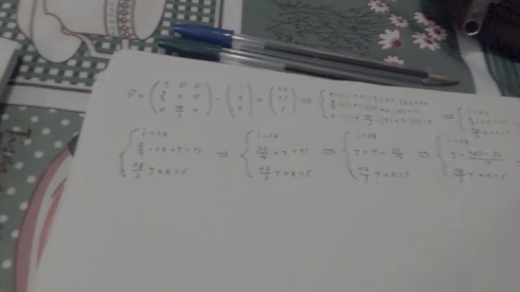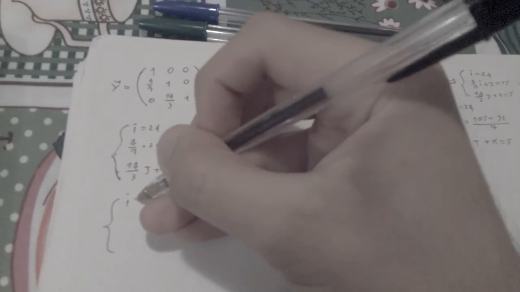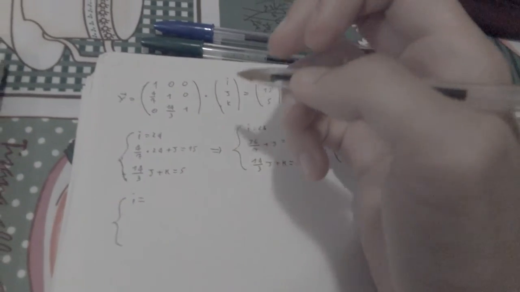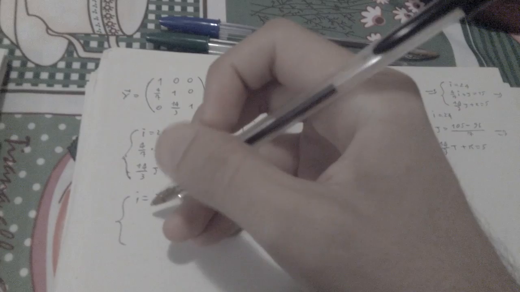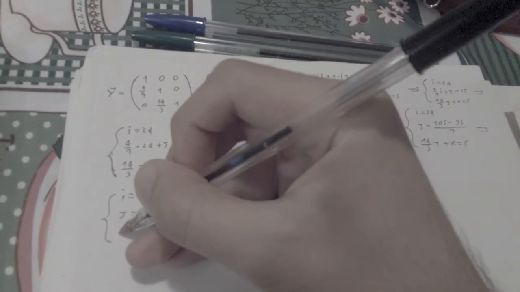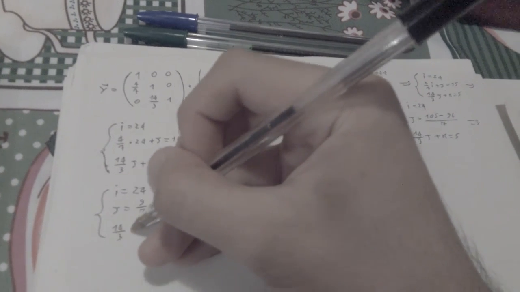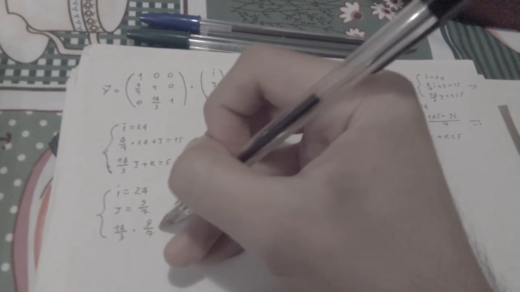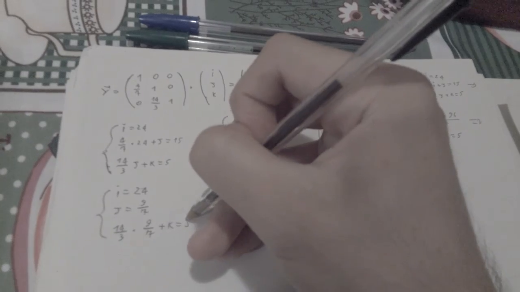Okay, and we keep going on, and we have i equal to 24, j equal to 9 over 7, and 14 over 3 times 9 over 7 plus k equal to 5.